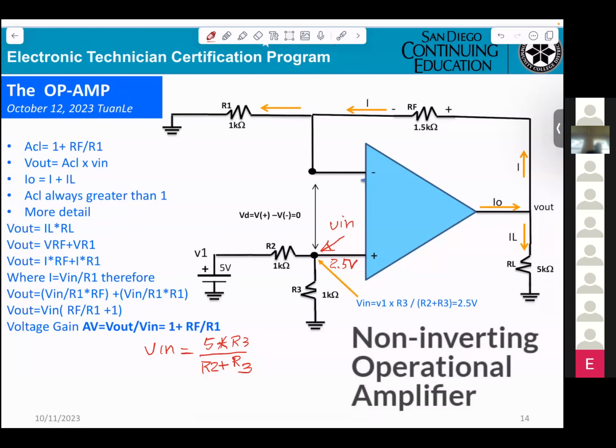Because those two nodes where the double arrow is going, VD is equal to V plus minus V minus. Okay, now you can see the voltage from here to here.